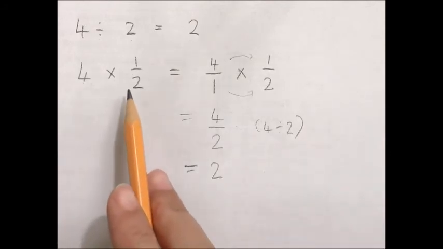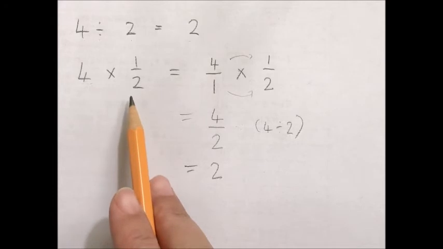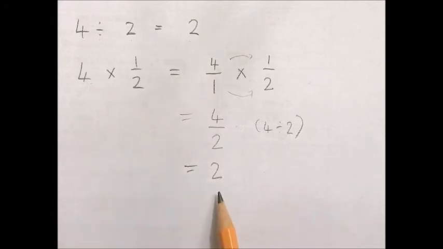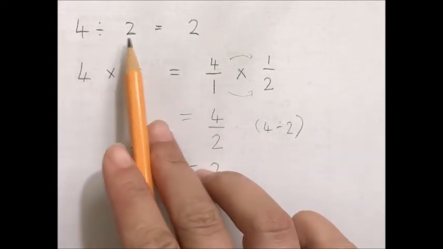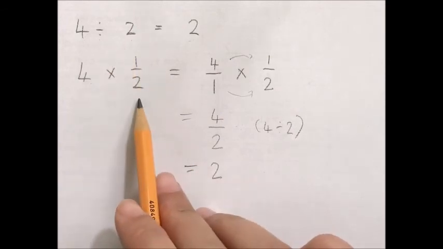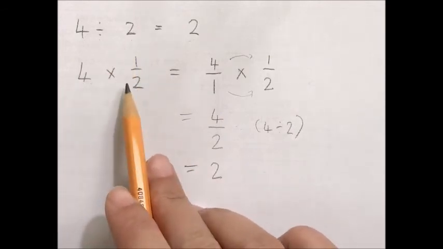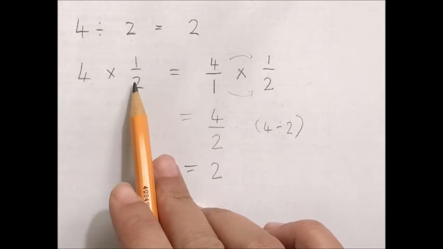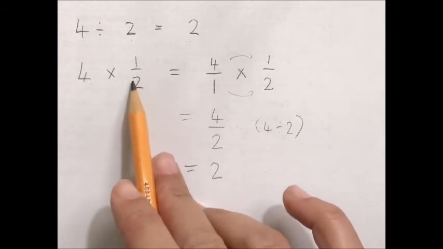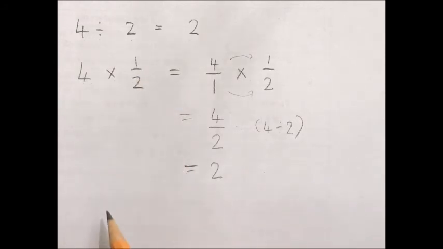So if I multiply 4 with a half, I also get 2. So instead of dividing by 2, I multiply with a half. It actually means what are 4 halves added together? So a half plus a half plus a half plus a half will give you 2.